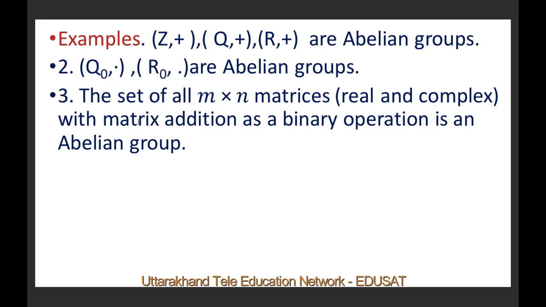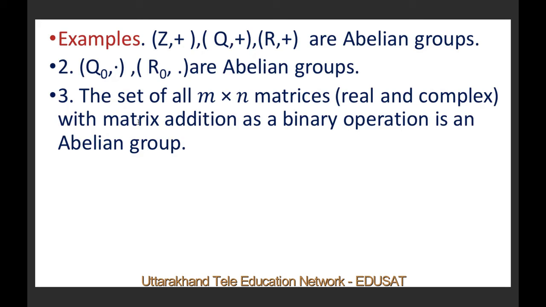Also, we discussed that the set of real numbers and the set of rational numbers form a group if we exclude 0 from them. We denote by Q-naught and R-naught the sets of rational numbers and real numbers in which 0 is excluded.